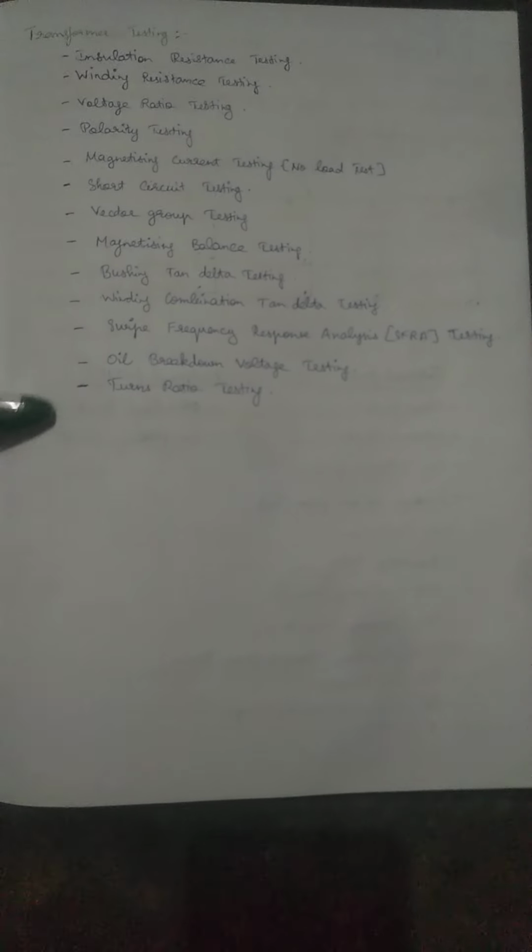Next, the oil breakdown voltage test. This oil breakdown voltage testing is mostly carried out in factories, or we ourselves do not mostly do this testing; it is carried out in factories, or the oil samples are given to other parties.